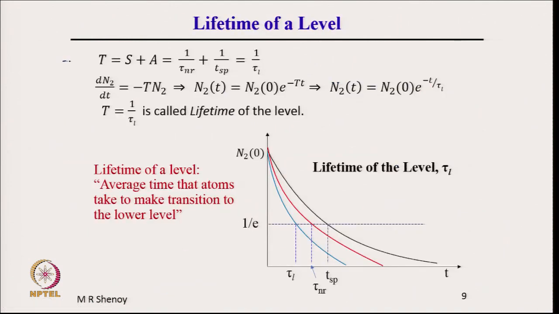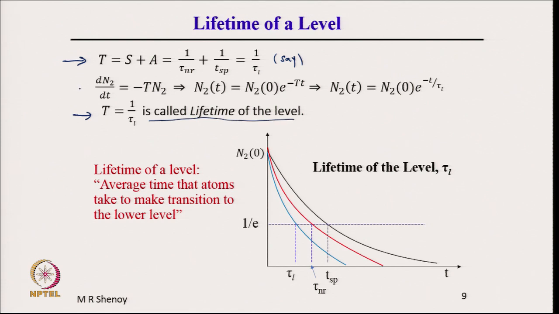So, T is equal to S plus A, which is 1 over tau nr plus 1 over tau SP, which we designate as 1 over tau L, where tau L is called the lifetime of the level. Why is it called the lifetime of the level?